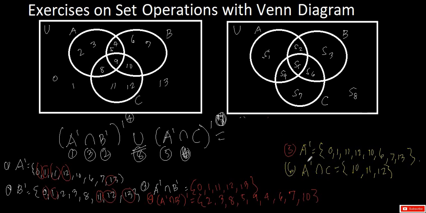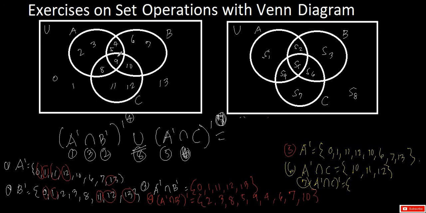Okay, now this time let's have step 7. This time we are going to take the complement of step 6, the complement of the intersection of A complement and set C. So what are these elements?